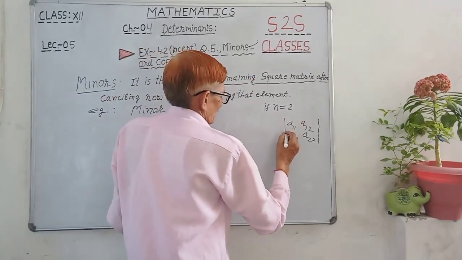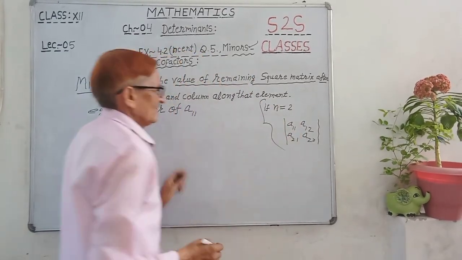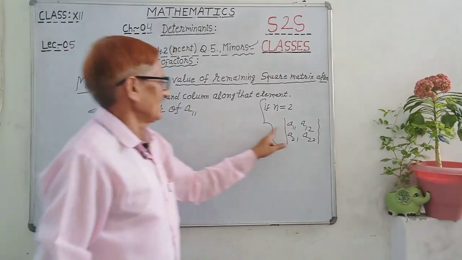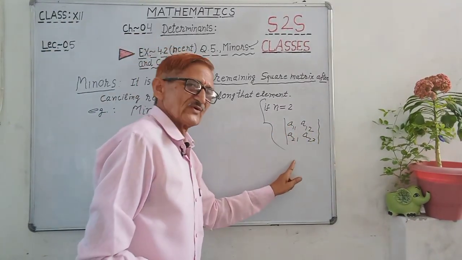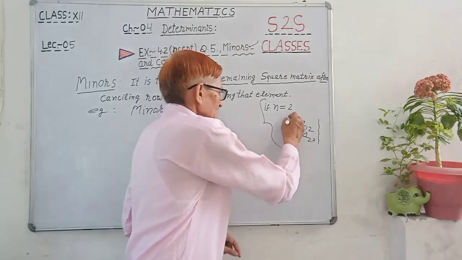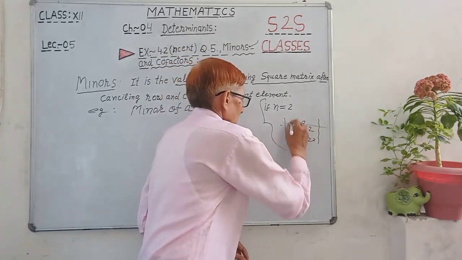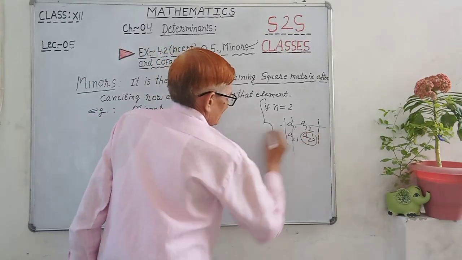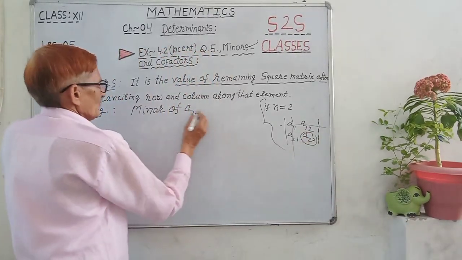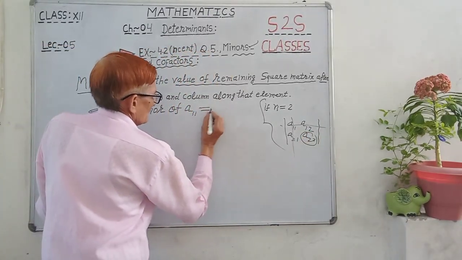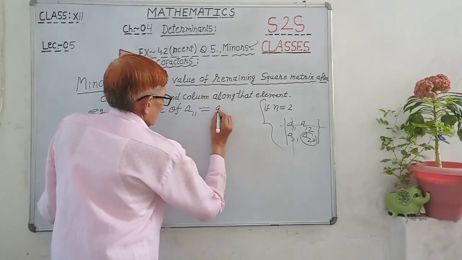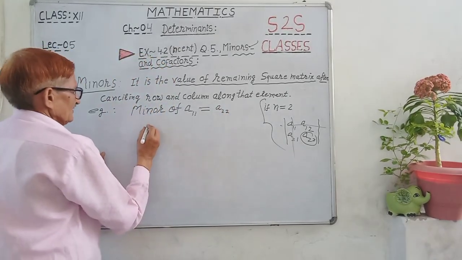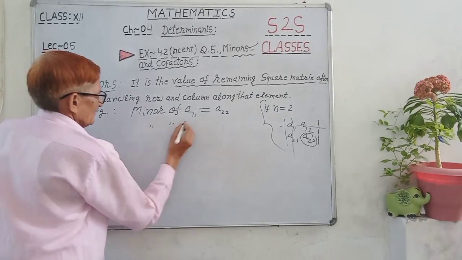Along A11, cancel the first row and first column. These both are cancelled. What is left? A22. So minor of A11 is equal to A22.